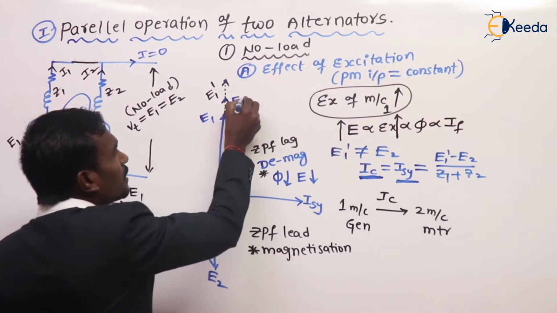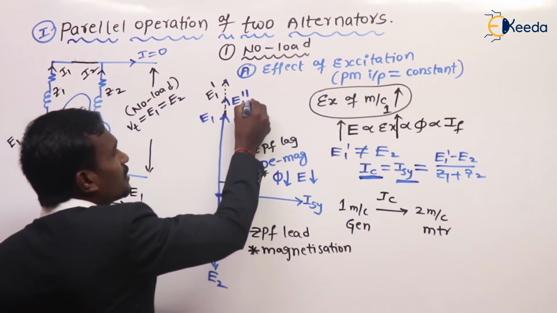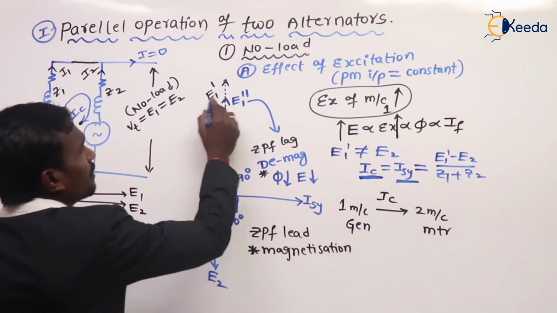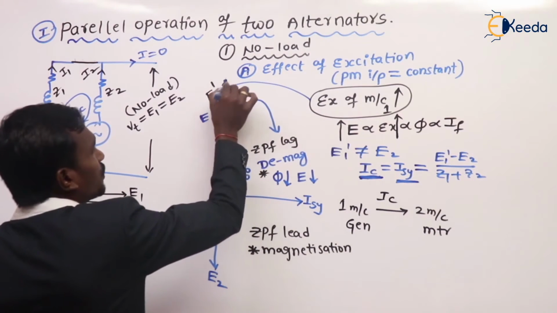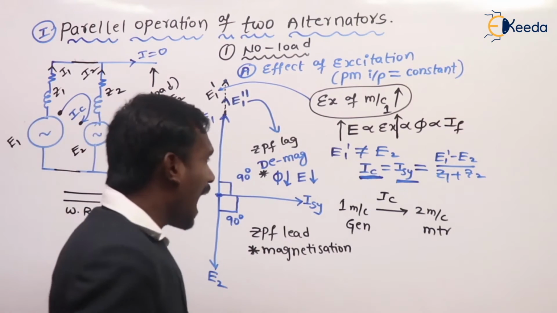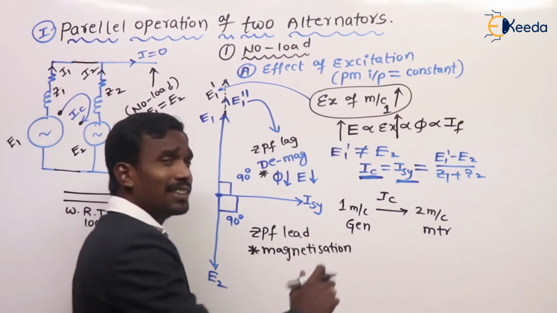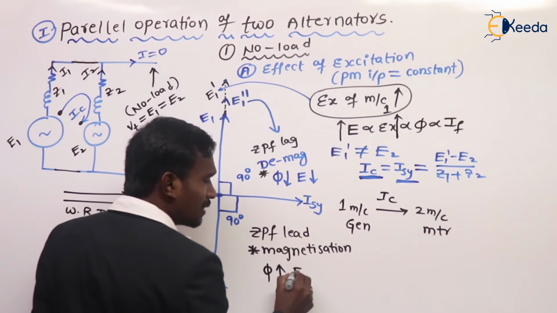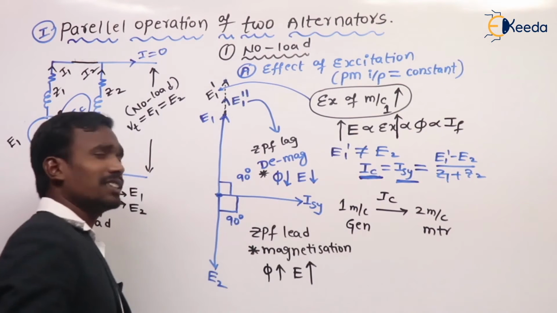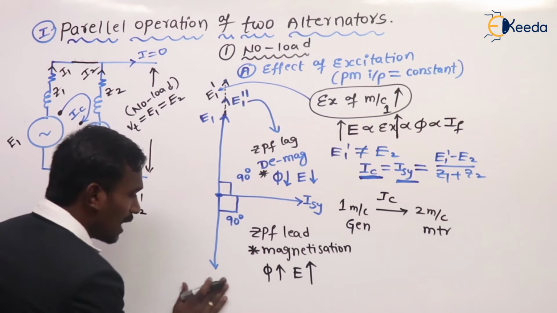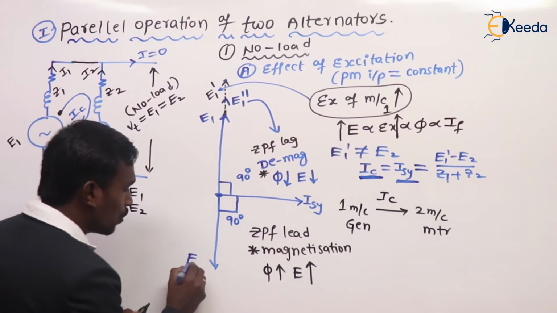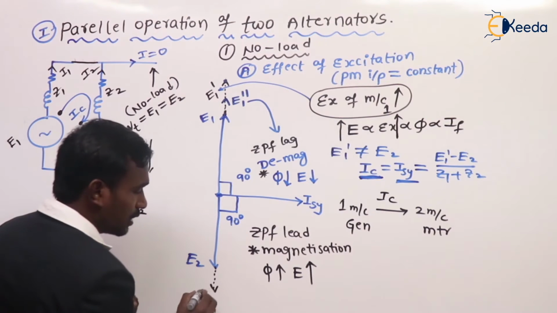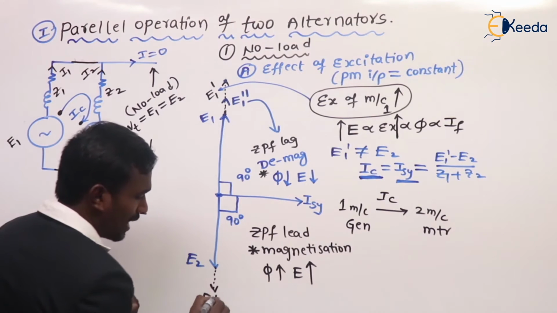This is my E1 double dash. This is due to demagnetization, and E1 dash is due to the change in excitation. As usual, here magnetization will take place. Due to magnetization, flux increases, then EMF also increases. This is E2, but due to magnetization, E2 is increased up to E2 dash.